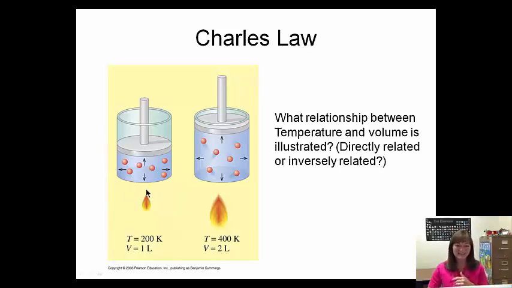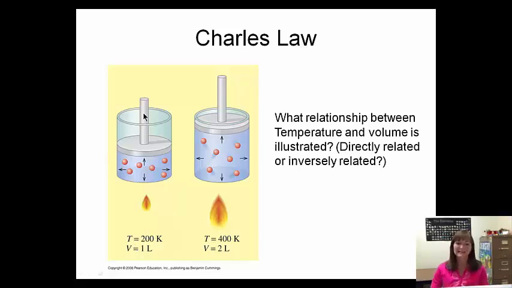If we look at the piston on the left, the temperature is 200 Kelvin, and the volume they're showing is 1 liter. If we heat it up, now the piston's free to move in this case. The piston can move freely up or down depending upon the pressure. Actually, I need to restate that, because in this example, since we're focusing on temperature and volume, pressure and the amount of moles has to stay constant.